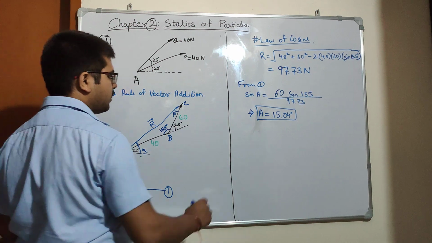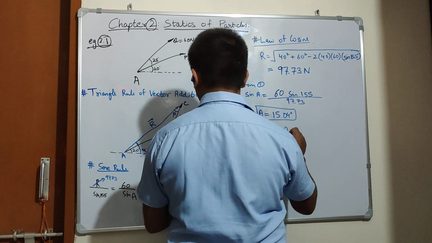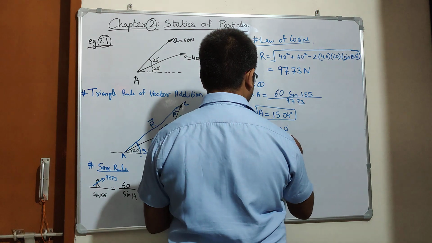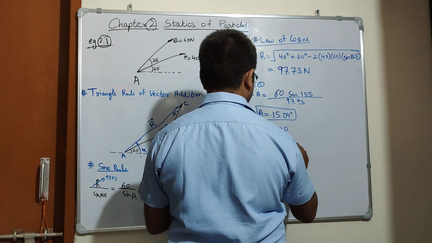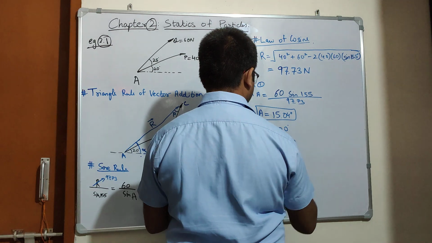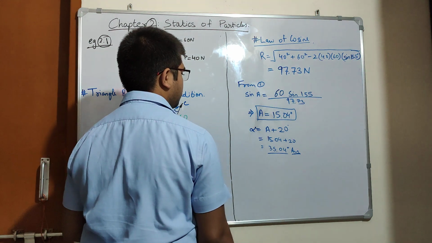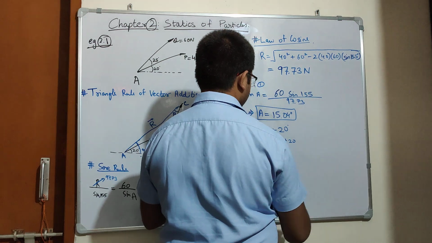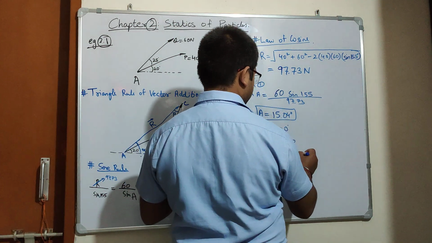To calculate alpha, alpha is equal to A plus 20 degrees. 15.04 plus 20, that would be 35.04 degrees. Answer, alpha is here and R is acting in this fashion.